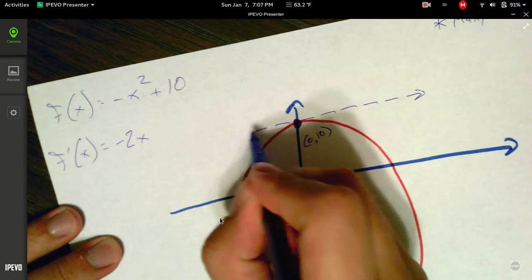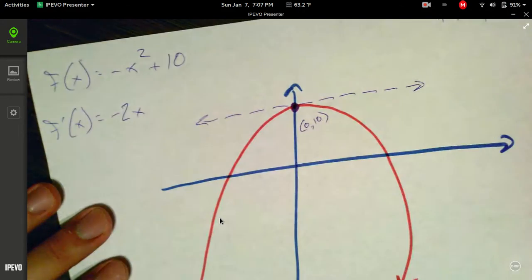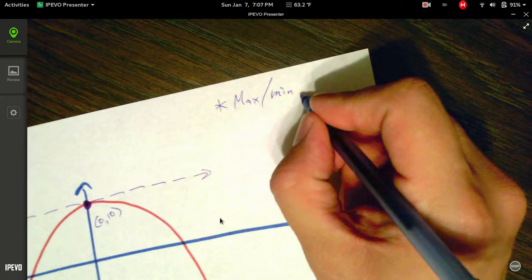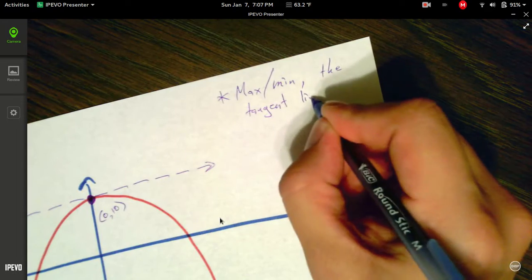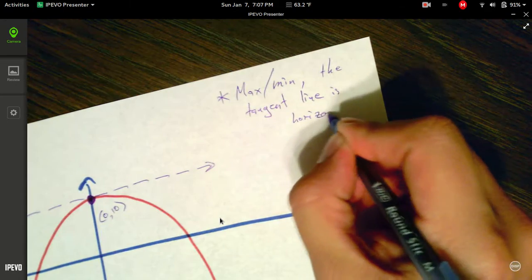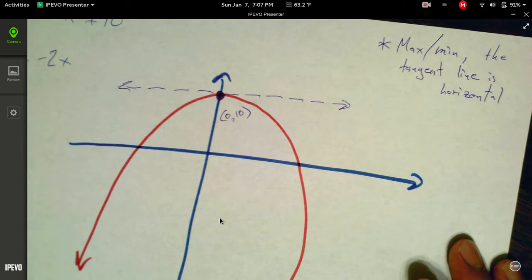It just so happens that I also generate a horizontal line at a minimum as well. So whenever you have a max or a minimum, the tangent line is horizontal. We have a horizontal tangent line whenever we have a maximum or a minimum.